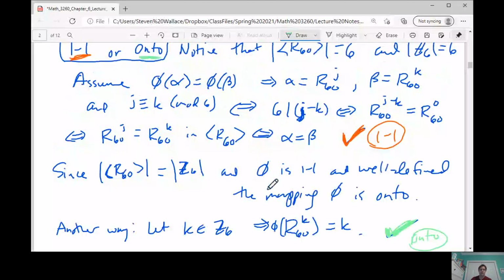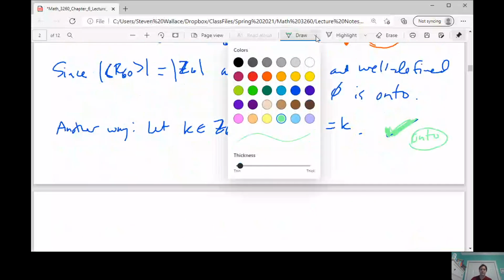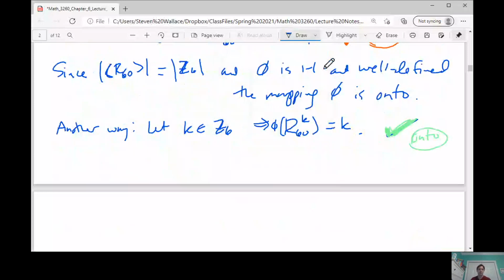Okay. Now, operation preserving. Do not forget this one. This one's probably the most important in a lot of ways. Operation preserving is sometimes described by saying that the mapping is a homomorphism.